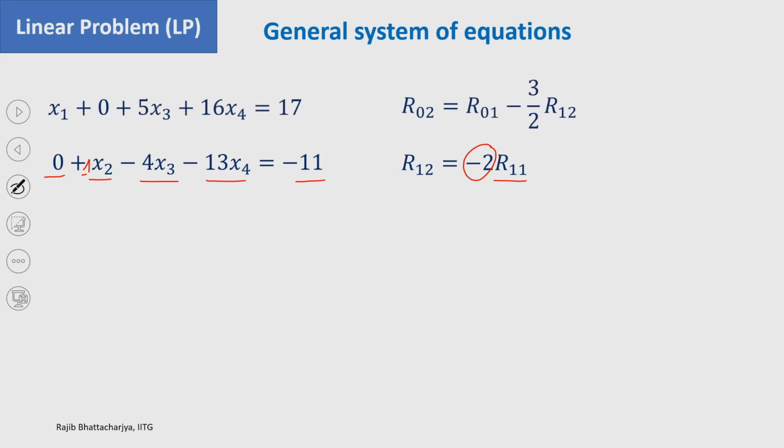Okay. Now if I do this operation, that is R 0 1 minus 3 by 2 R 1 2, so minus 3 by 2 R 1 2, then I am getting 0 here.